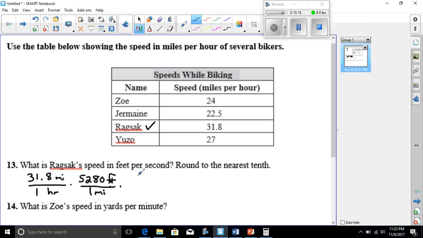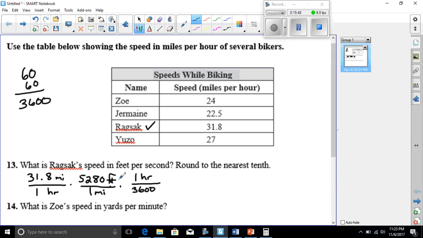And so I know that 1 hour is equal to, I'm putting it in seconds, 3,600 seconds. For those that didn't know how to get that, remember there is 60 minutes in 1 hour, and then there are 60 seconds in a minute. And if you multiply these together, that gives you 3,600.